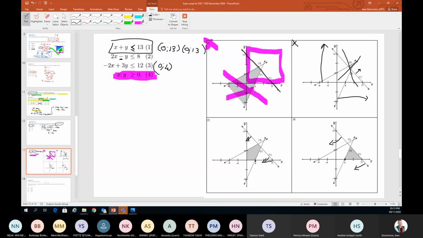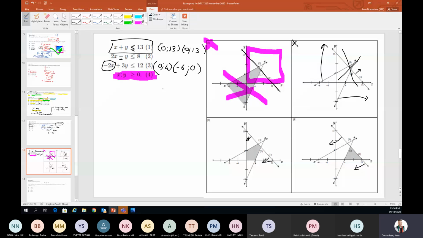Then, ooh, there's a negative. So x was 0, y was 4. Okay, so when y is 0, x is equal to -6.